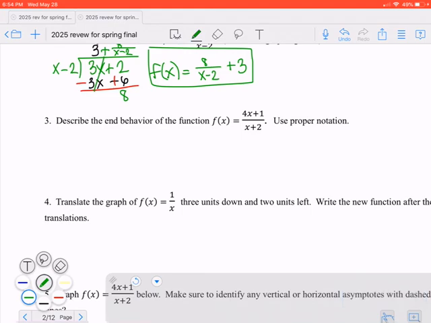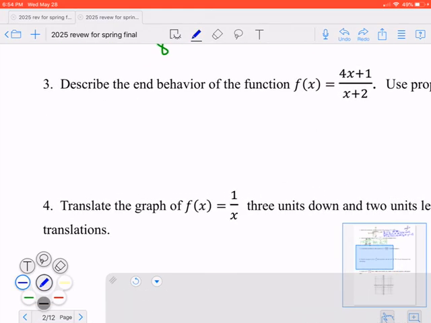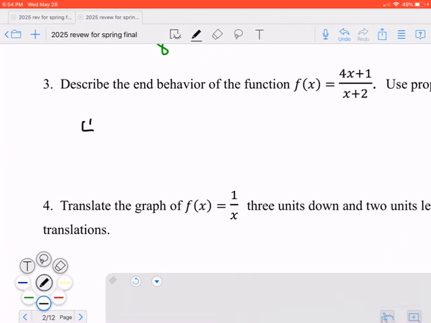Describe the end behavior of the function. This is in the same format, so I'm going to do the same thing and write it in graphing form so I know where the asymptotes are. x plus 2 goes out here. So x goes into 4x 4 times. 4 times x is 4x. 4 times 2 is 8.